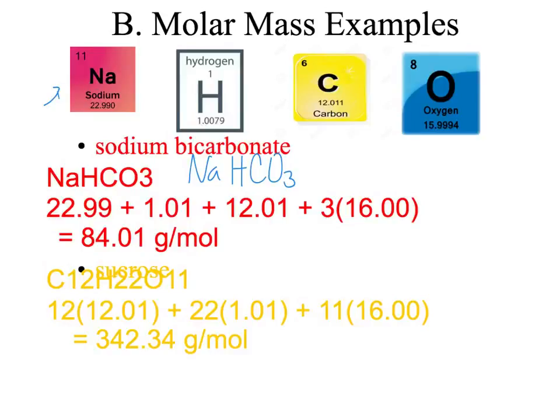My hydrogen we said was 1.01, so that's there. And then we have 12.01 for carbon, and then remember, oxygen rounds to 16, and since we have 3 of those, we do 3 times 16. And so I add all of those up, and this would be a good time to pause and add it in your calculator to make sure that you're getting the same answer as I am, and you should get 84.01.